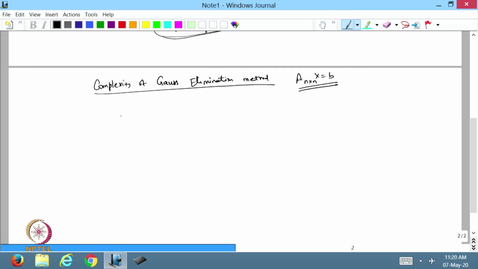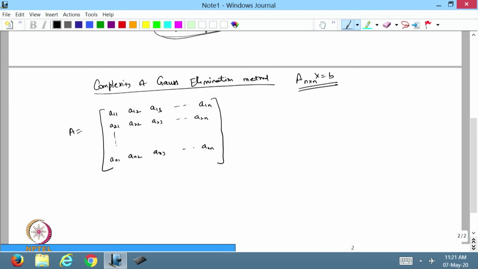Suppose this is my matrix A: a11, a12, a13 up to a1n; a21, a22, a23 up to a2n; and an1, an2, an3 up to ann.